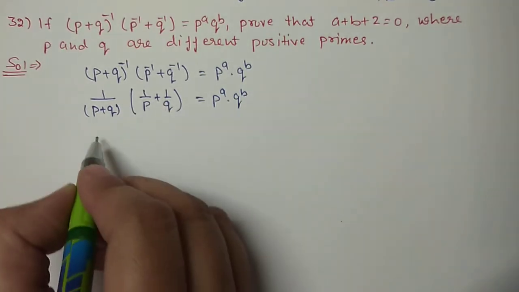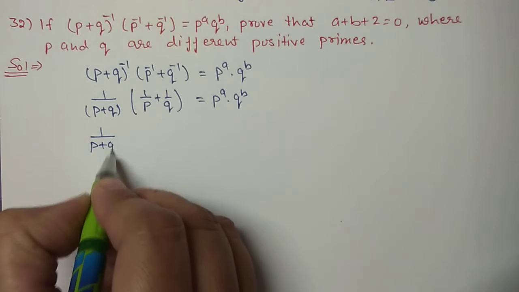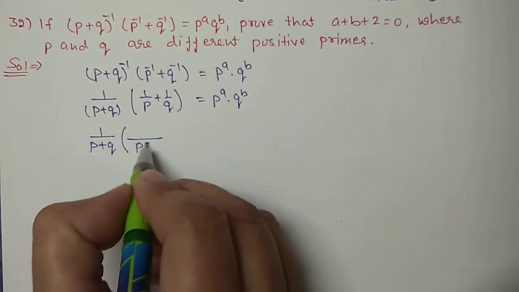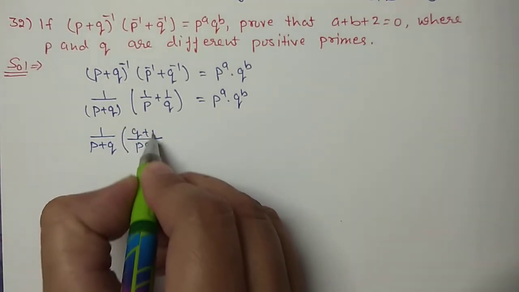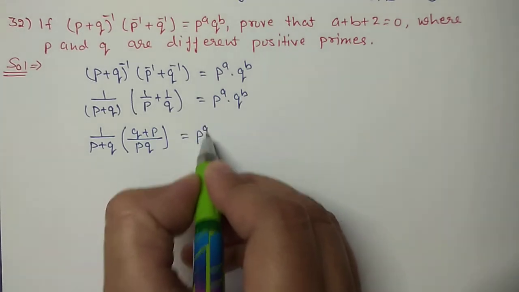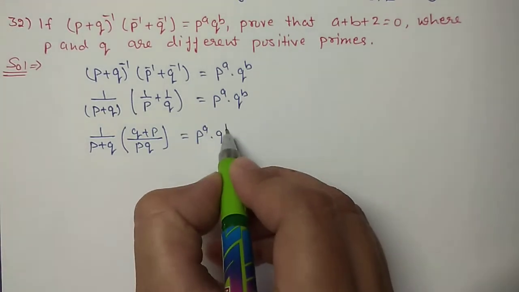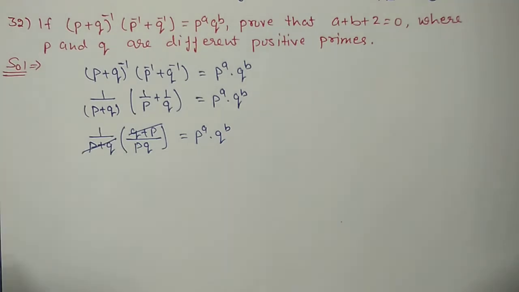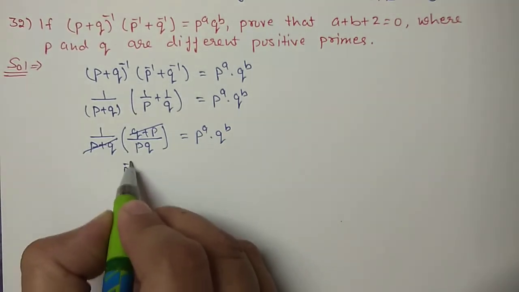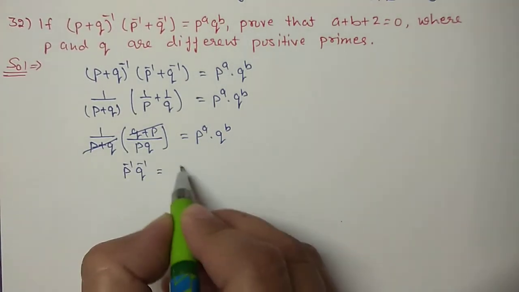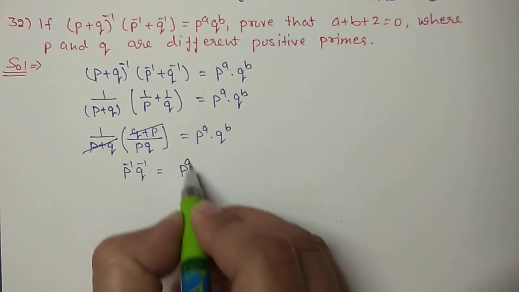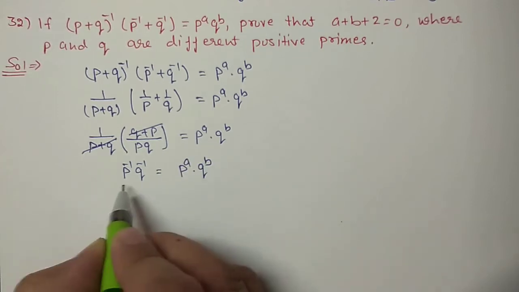Here we can take LCM. LCM will be pq, and we will get q plus p. So p plus q or q plus p, that is the same, so we can cancel out this one. This we can write as p to the power minus 1 q to the power minus 1 equal to p to the power a q to the power b.